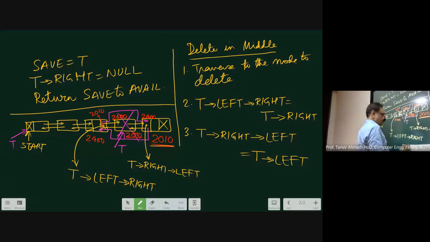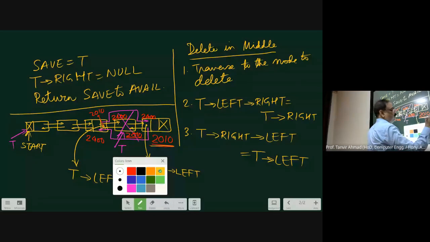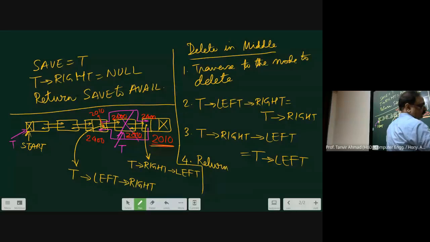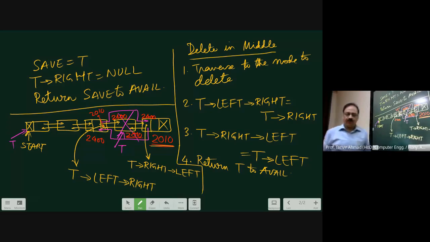And then you are going to return T to avail. Correct?